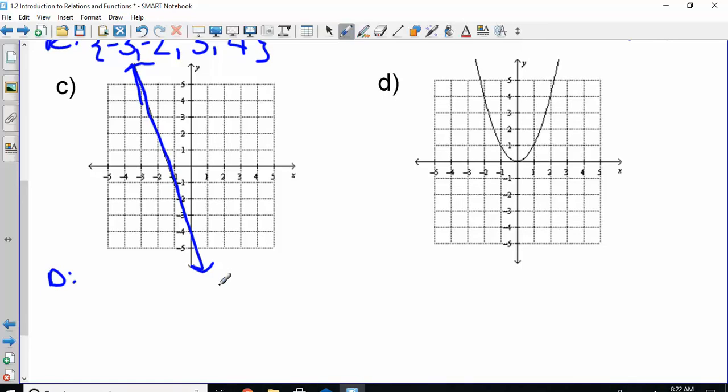So what would I put for my domain? Negative infinity to positive infinity. Infinities always get parentheses. Looking at my y going from the bottom up, this is going down forever and that's going up forever, so eventually it hits everything. My range is the same thing.